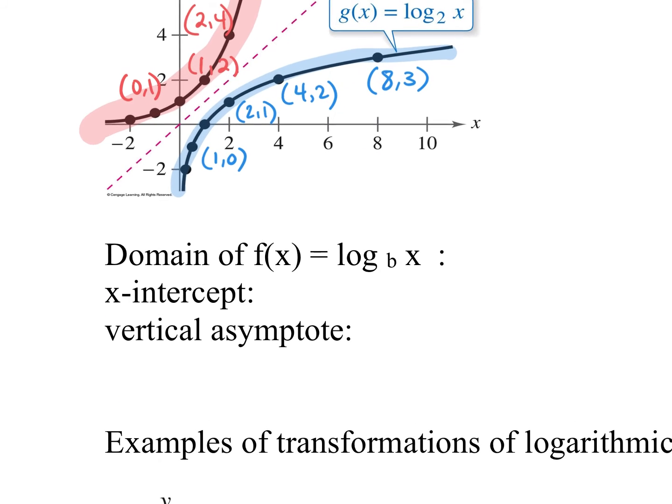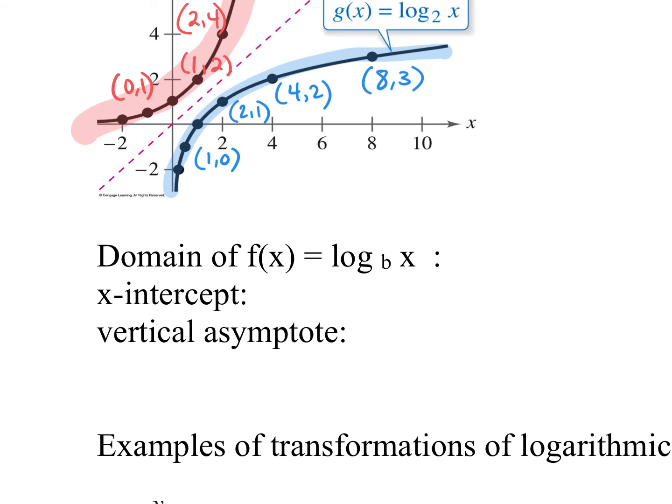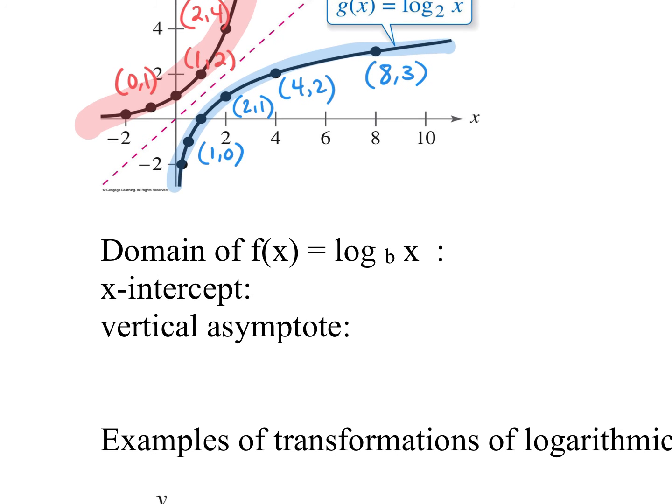So the domain of log base b of x: I can't get a negative number by raising a number to some exponent. In other words, our domain is defined as x greater than 0, or in interval notation, 0 to infinity.